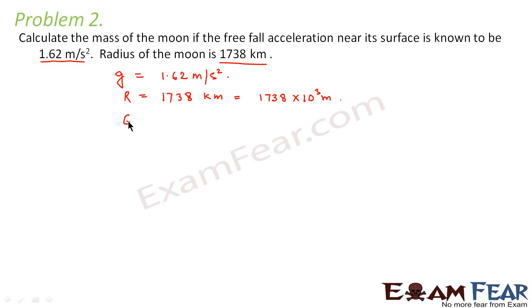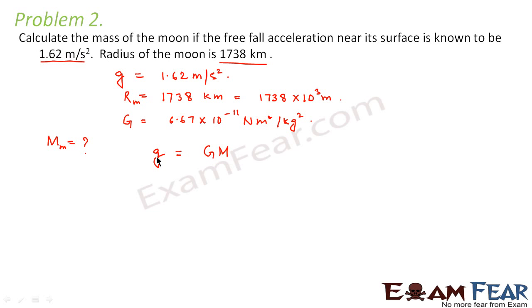And we also know that capital G is equal to 6.67 × 10^-11 newton meter squared per kg squared. So we have to calculate the mass of the moon. This is the radius of the moon. Now we know the expression for acceleration due to gravity is GM_e.